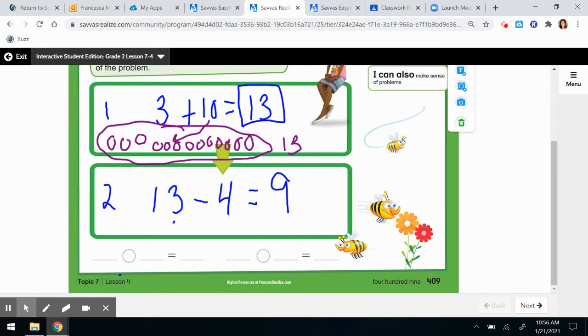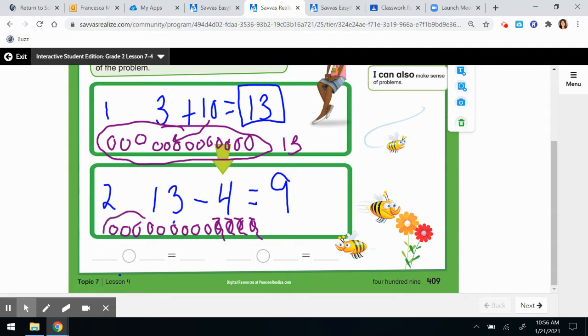So down here, I want to draw my 13 bees because that's how many there are. 1, 2, 3, 4, 5, 6, 7, 8, 9, 10, 11, 12, 13. But now, 4 of them fly away. So this one's saying bye-bye, bye-bye, bye-bye, bye-bye.